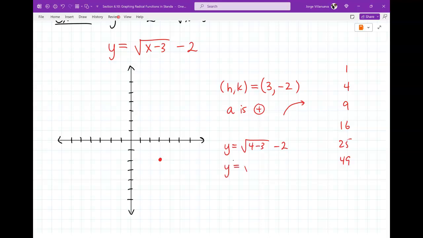So now I get to subtract, right? Now I actually have to do a little bit of math in it, not just naturally get answers from it. So we're subtracting. We get 1 minus 2, which is -1. So that means the point is 4. At 4, I got -1.